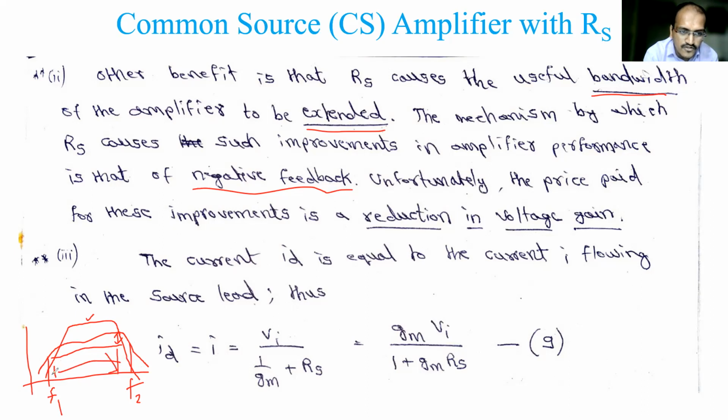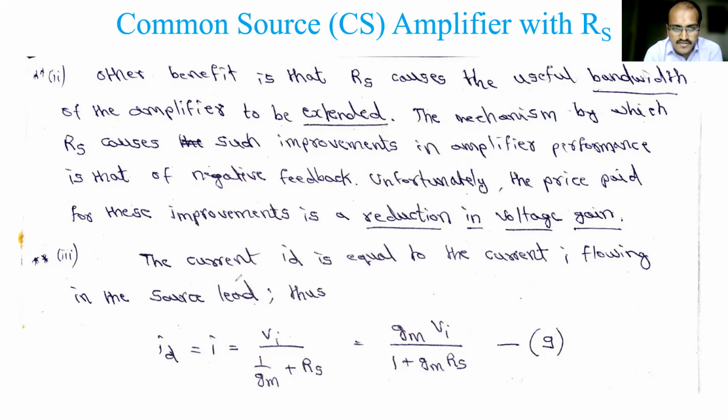If you include RS, this magnitude will decrease, whereas the frequency range will increase. Because of that, bandwidth will increase. So that's what is explained over here. Including RS causes bandwidth to be extended, but the price is a reduction in voltage gain. That is the second advantage, or effect, of including RS.